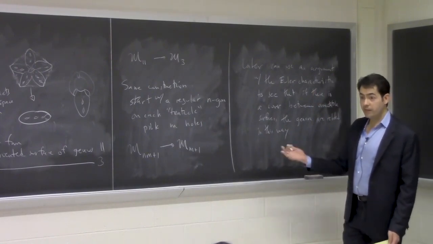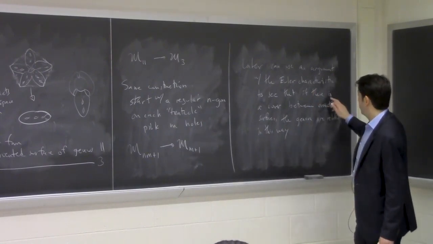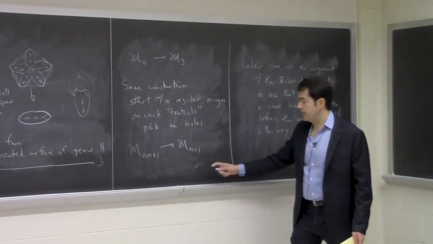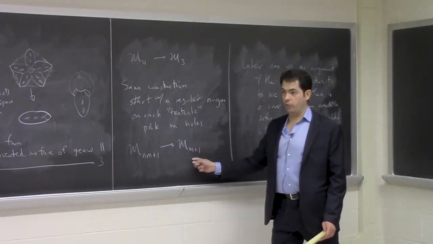Right? So if you have a covering between orientable surfaces, say M_g to M_h, then g has to be a number of this form and h a corresponding number of this form.